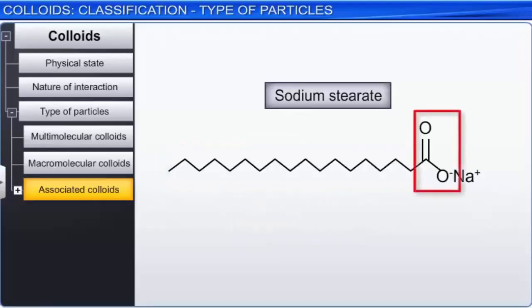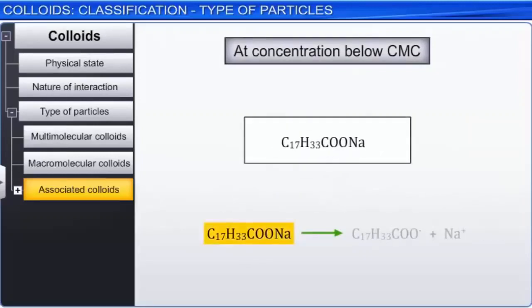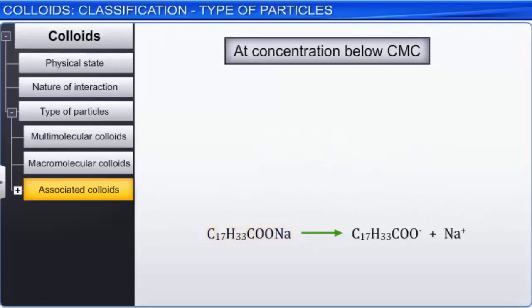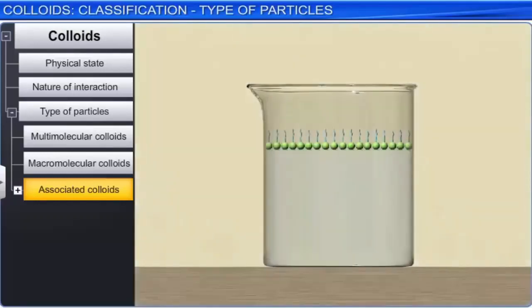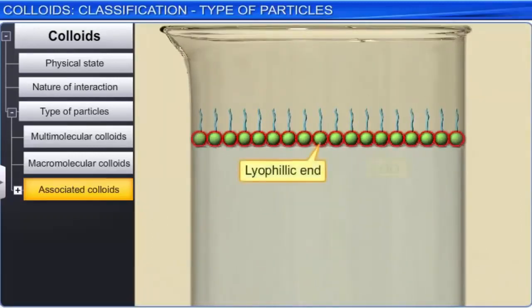When the concentration of the solution is below its CMC, sodium stearate behaves as a normal electrolyte and ionizes to give sodium and stearate ions. These stearate ions remain on the surface of water and orient themselves in such a way that the lyophilic end of the COO- dips in water, while the lyophobic part, the C17H35 part, stays away from it.